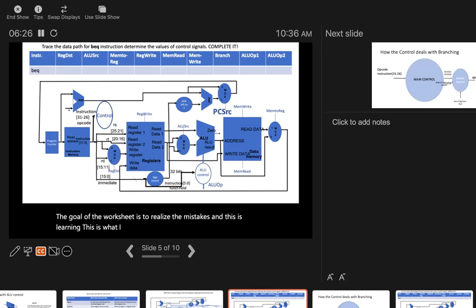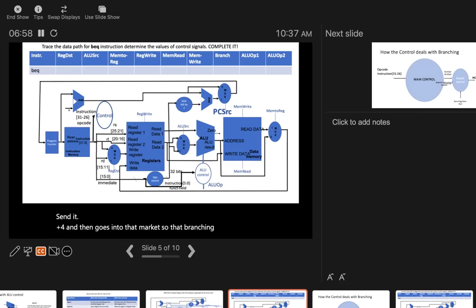RS and RT for the addresses, right? That's correct. Your label is kind of like your immediate, right? It is that 16 bits. So when you compare RS and RT, that sign-extended immediate is shifted by 2, added to PC plus 4, and that goes into that box for branching.